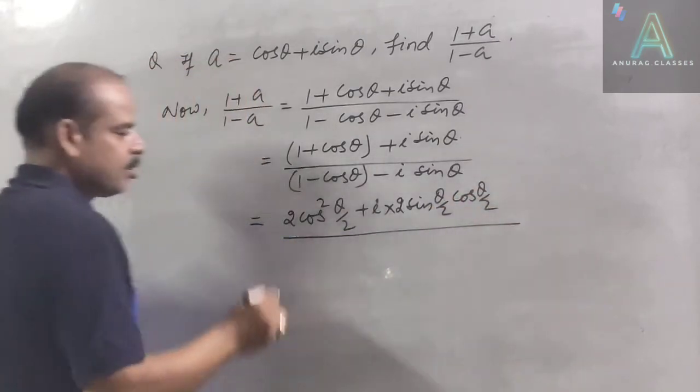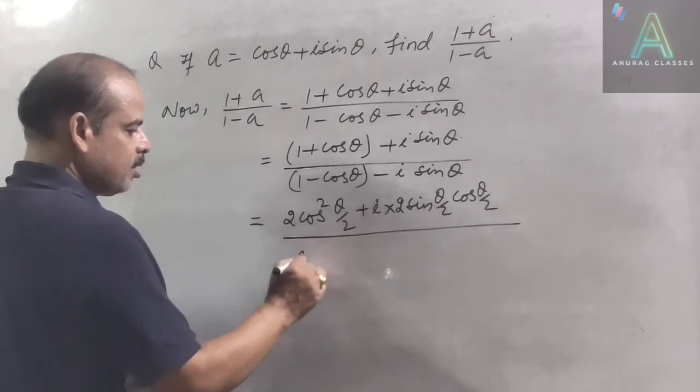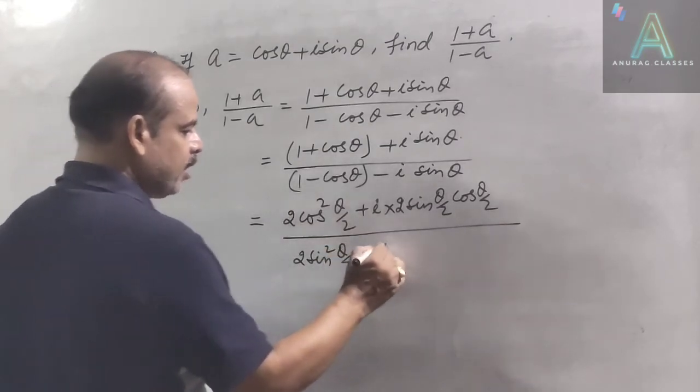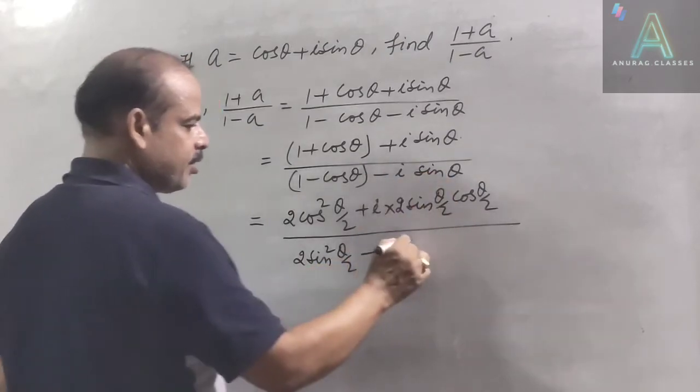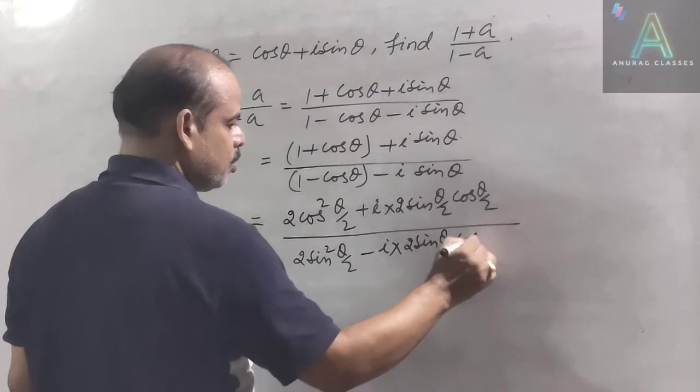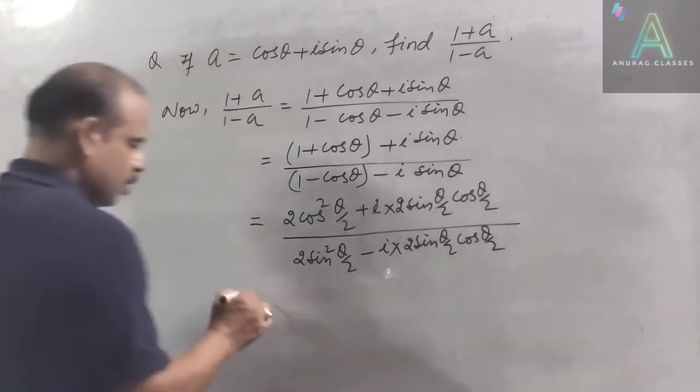Check the denominator. 1 minus cos theta is 2 sin square theta by 2 minus iota. Again it is sin theta, so 2 sin theta by 2 cos theta by 2.